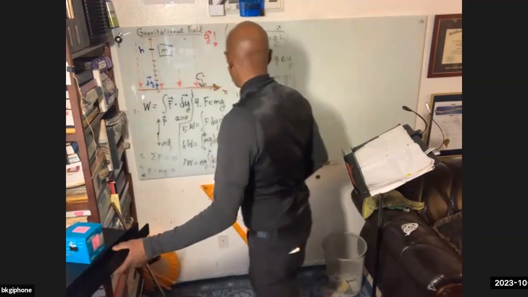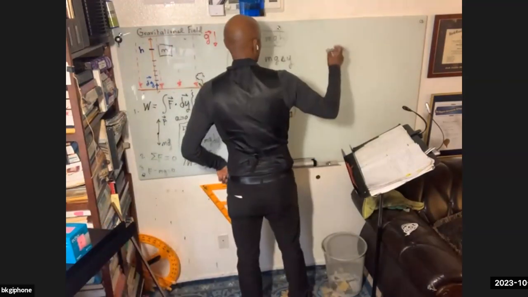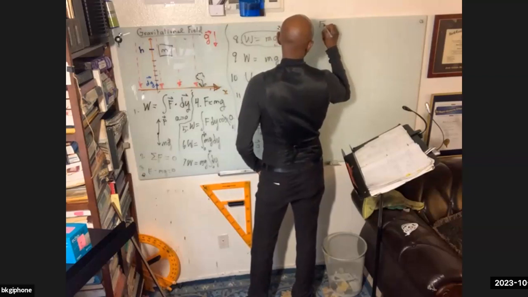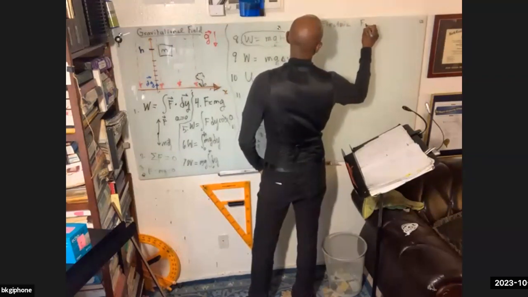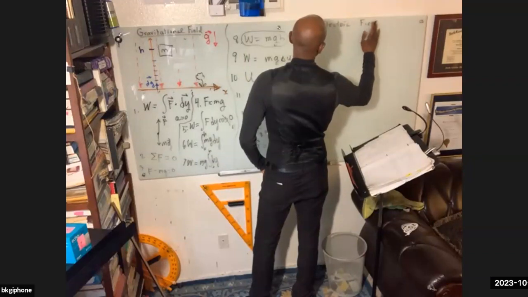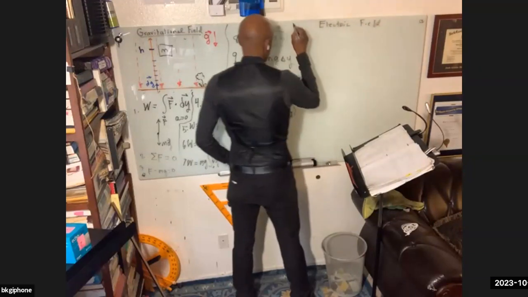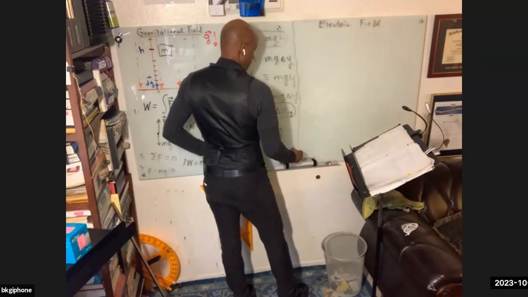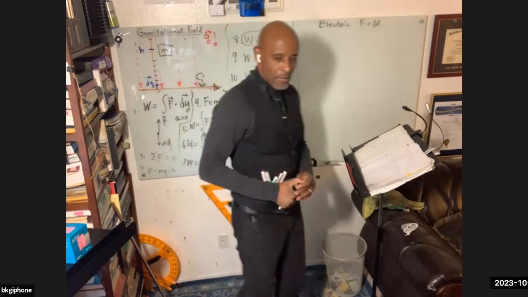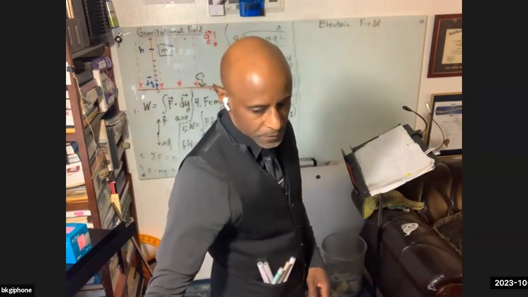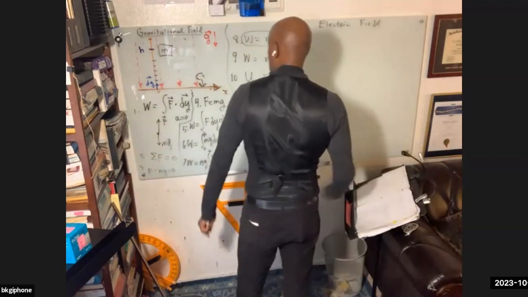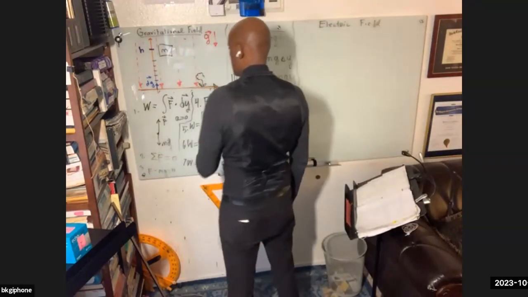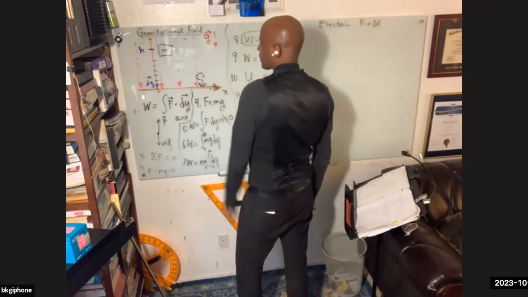Okay, now let's look at an electrostatic field or electric field. So I'm going to set up a constant field with a capacitor plate, and just so we can be as close as possible to the analogy, I'm going to use a positive charge.